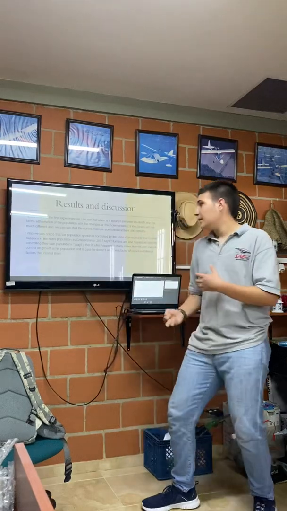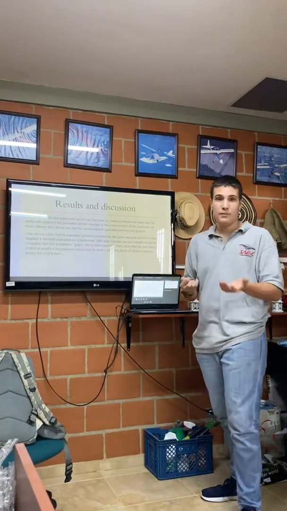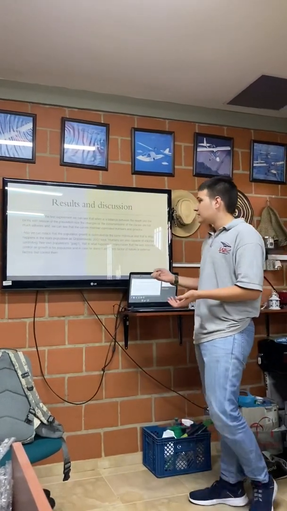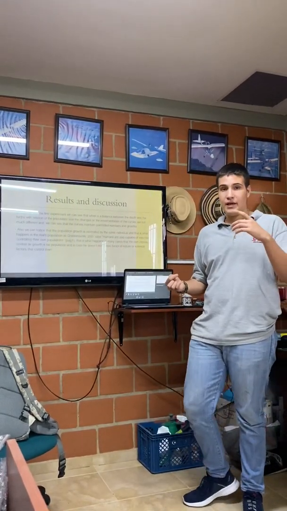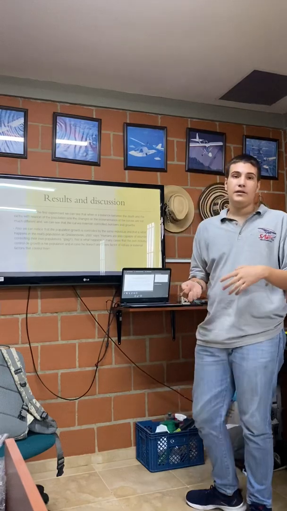Also, we can notice that the population growth is controlled by the same individuals of the same populations, as it happens in real populations in nature and in many habitats.